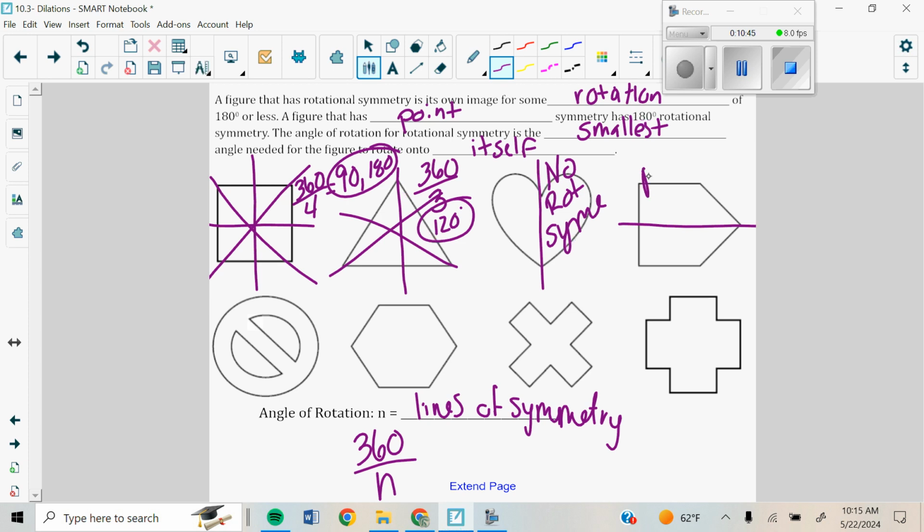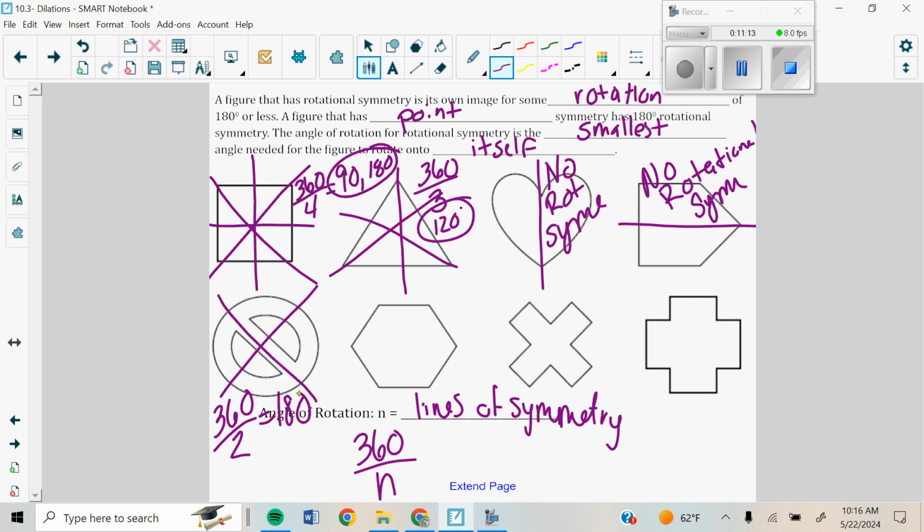So no rotational symmetry. Let's look at that no sign. If I split it here, I can rotate that 180 degrees, and that gives me the other shape. I could do that with this also. So if I go 360 divided by 2, that's where my 180 degrees comes in.